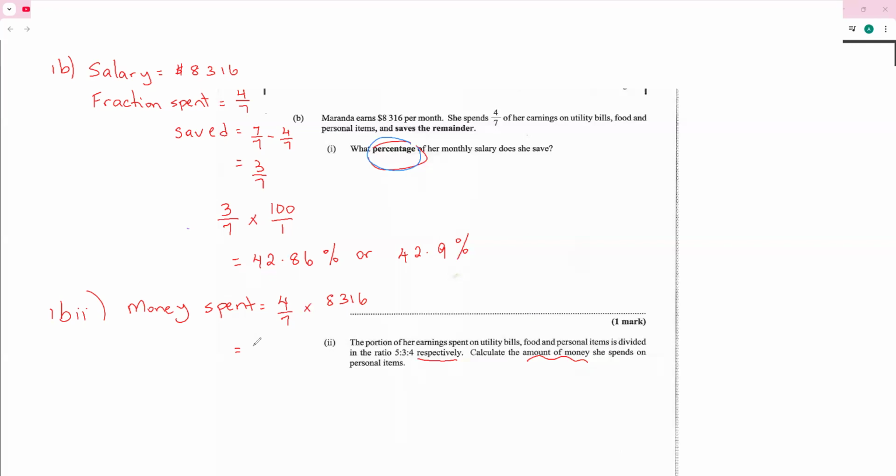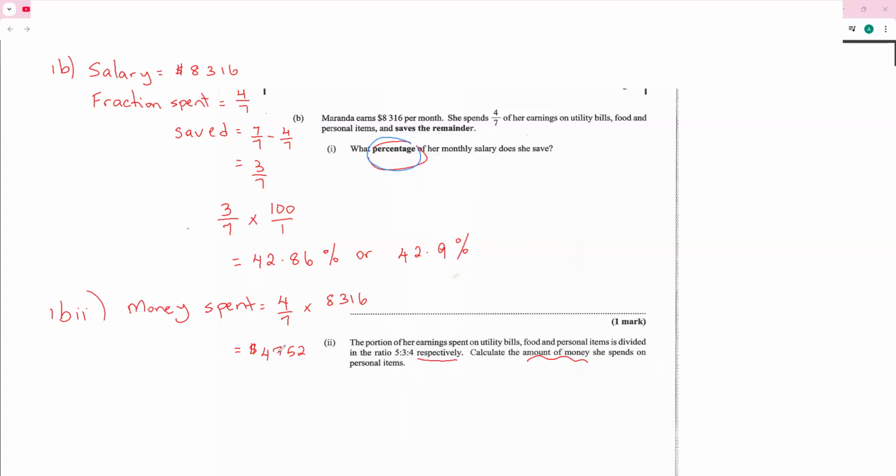And I got $4,751.9999. So I could round that up to $4,752. Right? So that's how much money was spent.